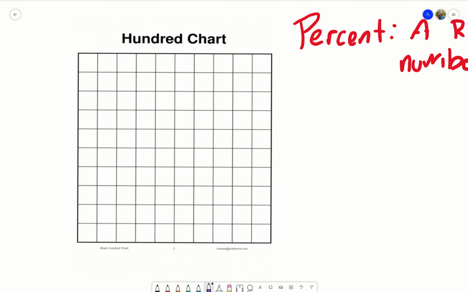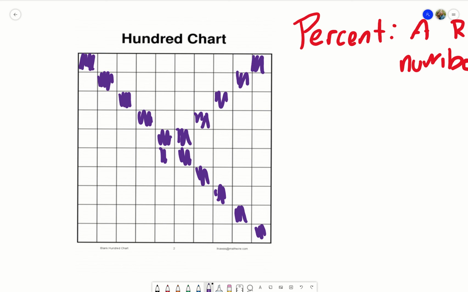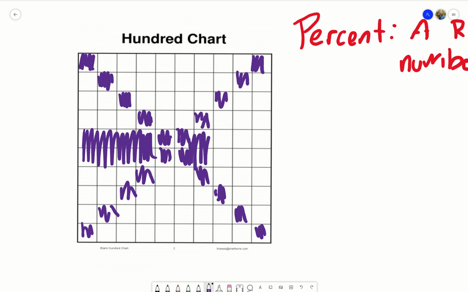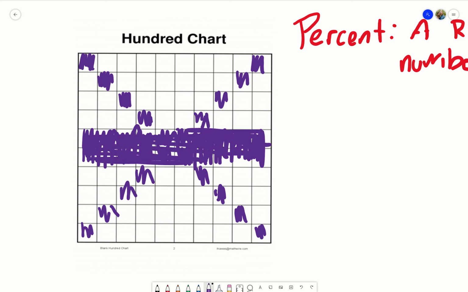If I colored in these boxes, what percent did I color in? And pretend that the ones that I colored in are fully colored in. If there's color in them, pretend that they are fully colored in. What percent of my boxes did I color in here?